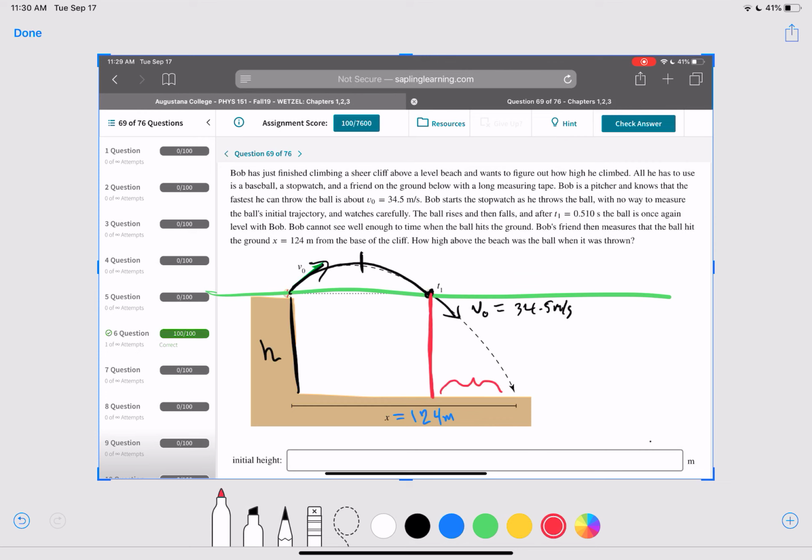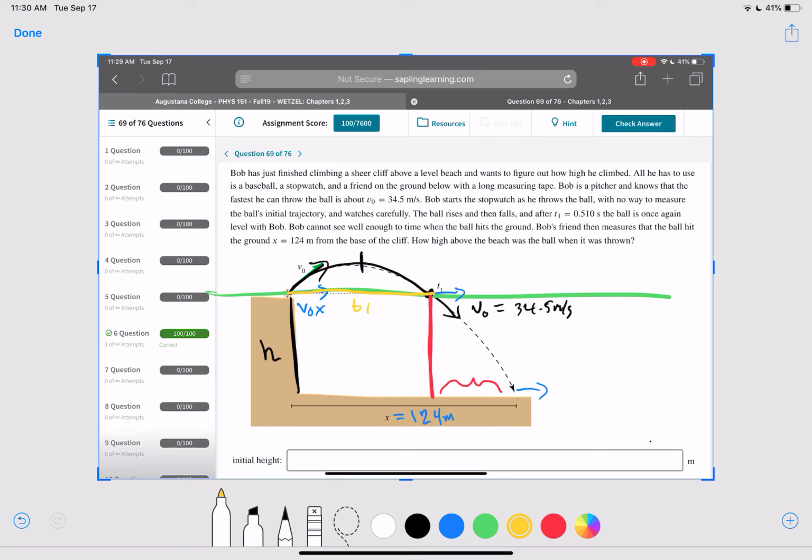Why? Because we know that v0x is the same throughout the entire trip. Why does that matter? Because we know the time from here to here, t1. We know that time is 0.51 seconds.